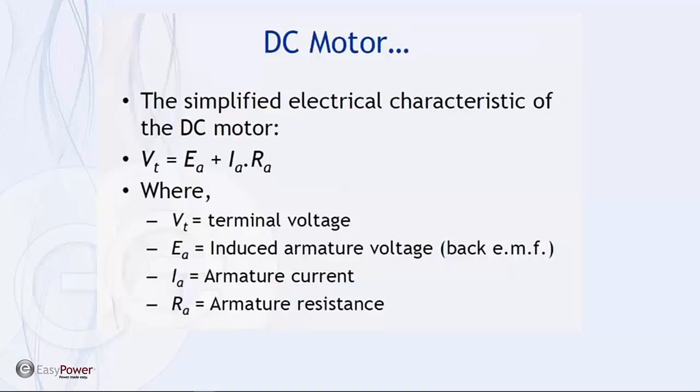So it turns out the DC motors, in a simplified form, have a voltage at the terminal that's equal to the voltage induced across the armature plus the armature current itself. So the equation for the terminal voltage ends up being the induced voltage plus the armature current times the armature resistance.